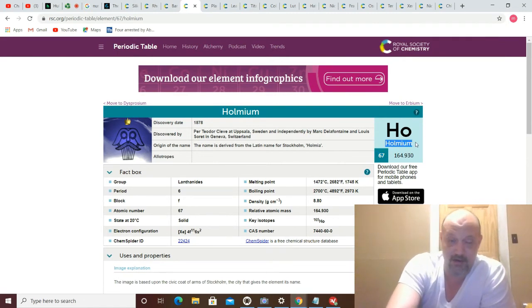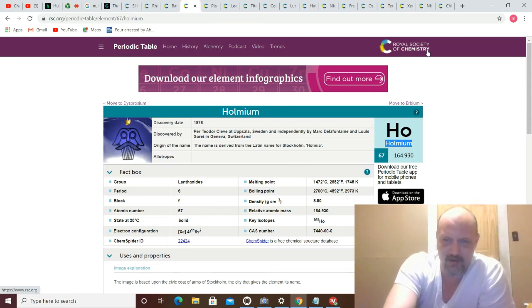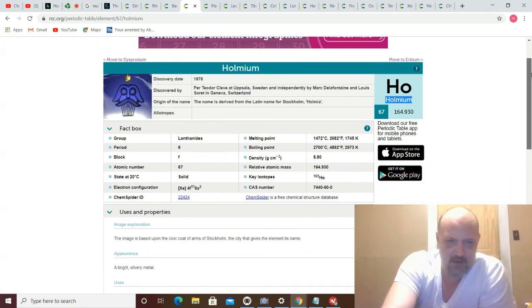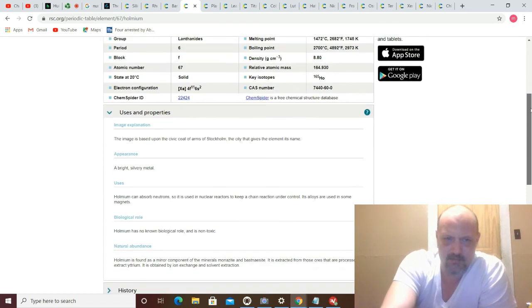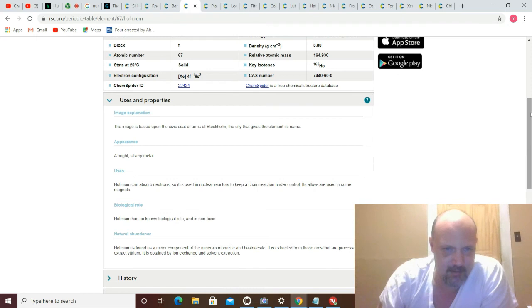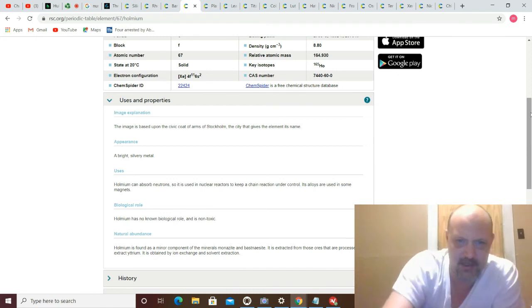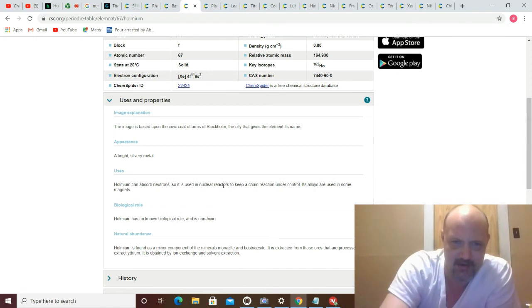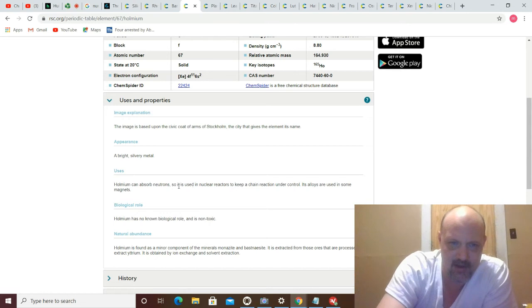These are all on the periodic table, by the way, guys. All on the periodic table, and we're using the Royal Society of Chemistry for all these. Holmium is a bright silvery metal. Holmium can absorb neutrons, so it is used in nuclear reactors to keep chain reactions under control.